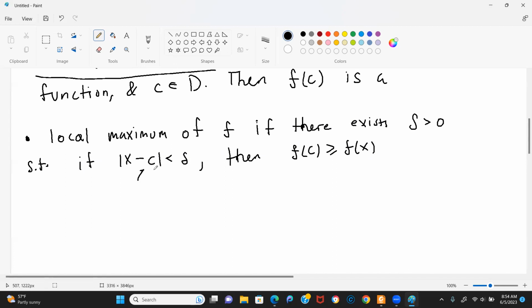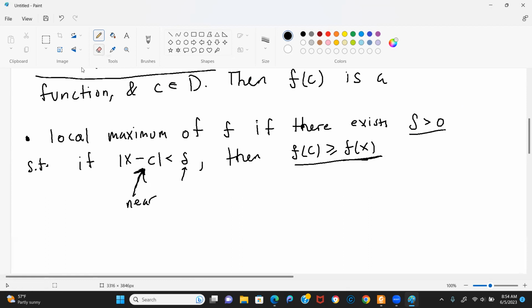So in other words, what this absolute value inequality says is that if you can find a delta, and then you look at any x that's really close to c, within delta units of c, then f of c better be bigger than all of these f of x's, where your x satisfies this inequality.